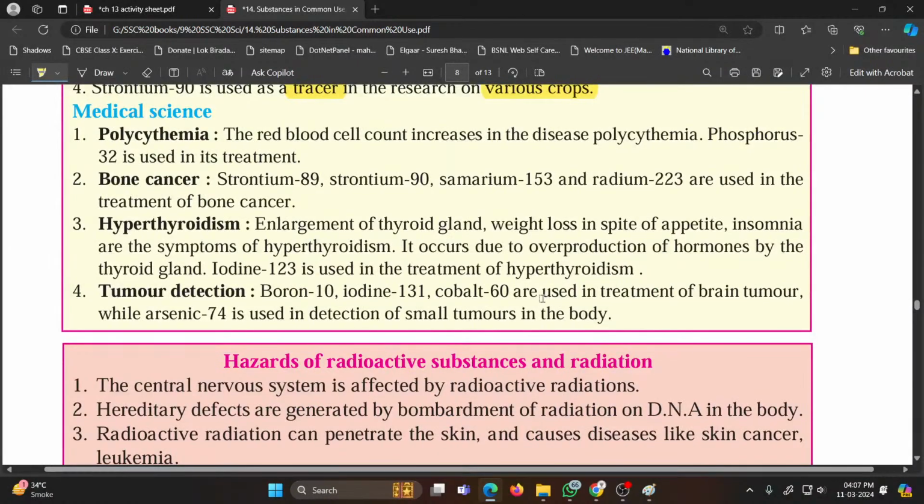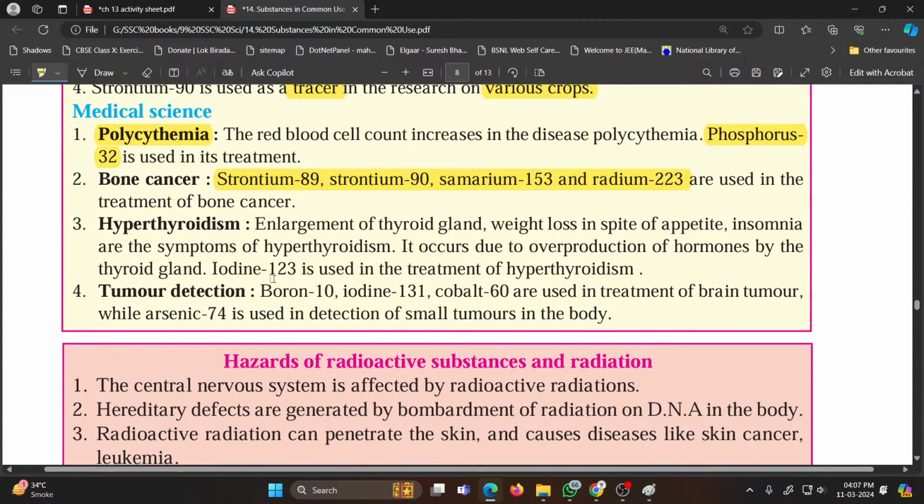Medical science applications include polycythemia, phosphorus 32 used in treatment. To treat the bone cancer, strontium 89, strontium 90, samarium 153, radium 223 are used.